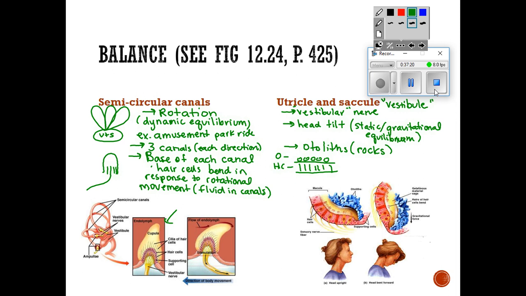Now, if your head is just upright, the rocks won't shift too much. But if you tilt your head forward, now take a look at what happens. The rocks all shift, and if you can see, the hair cells sort of bend a little bit. So these otoliths or rocks move when the head tilts, and they cause hair cells to bend.